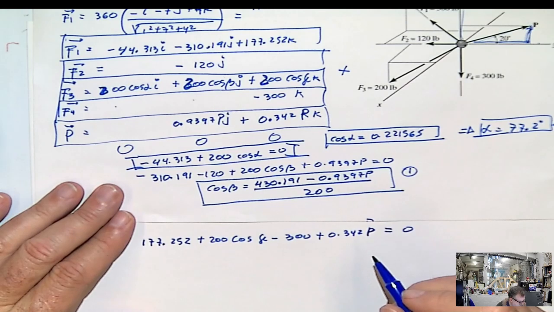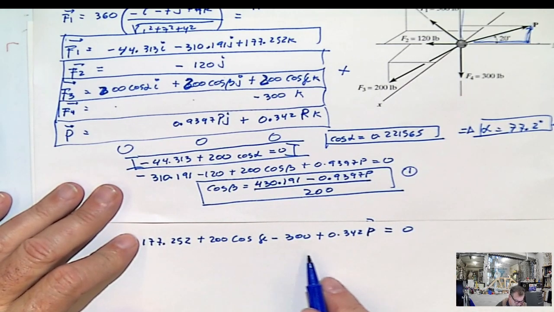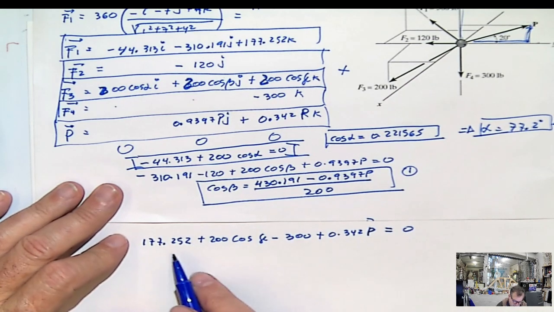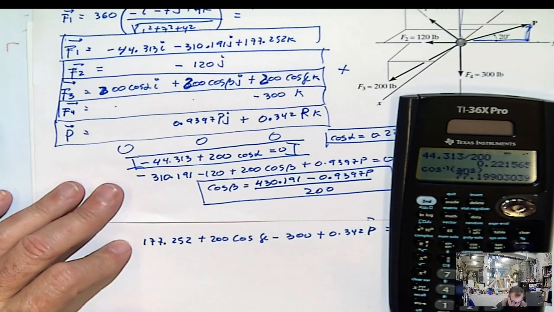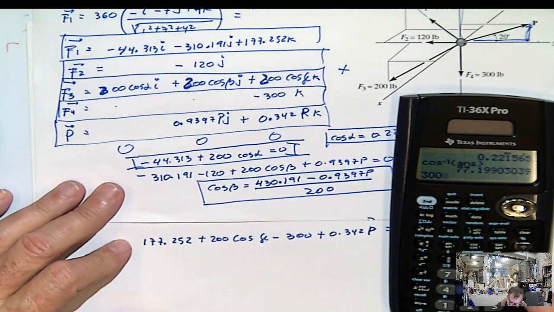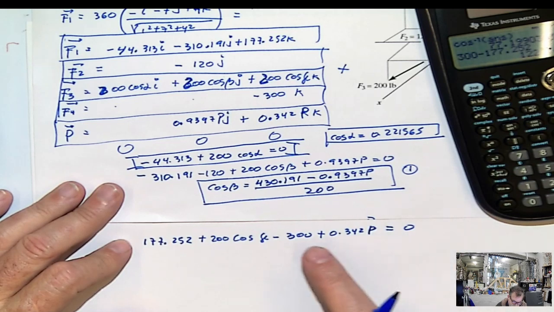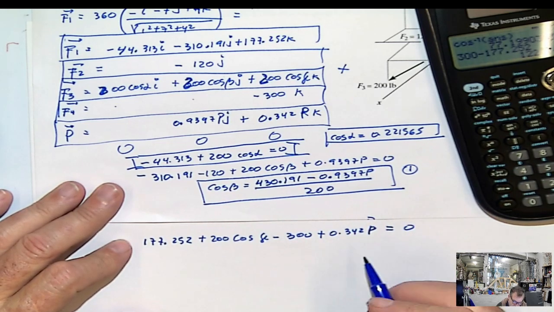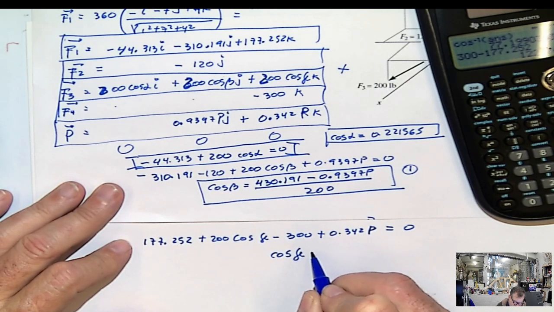Now we can combine these things here. 177.252 minus 300 is negative 122.748, and when I pass it to the other side, 122.748. So I'm going to solve for cosine gamma here.